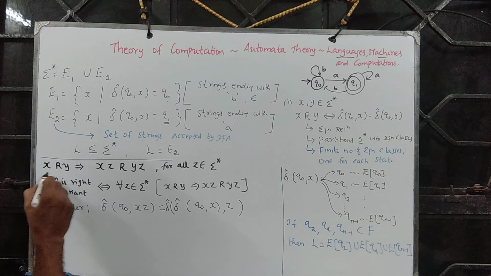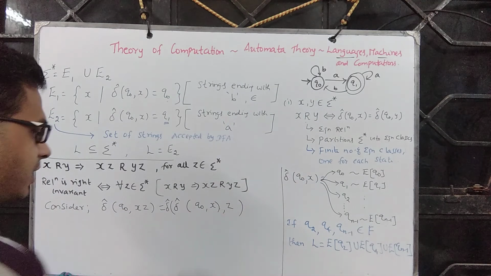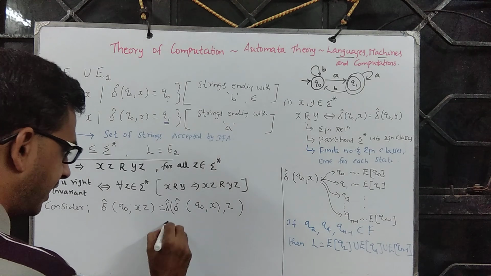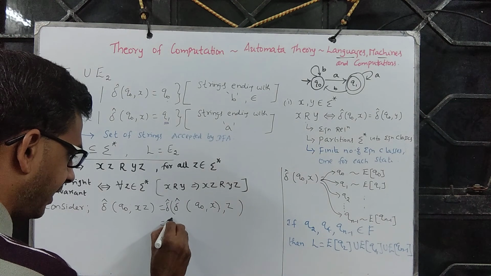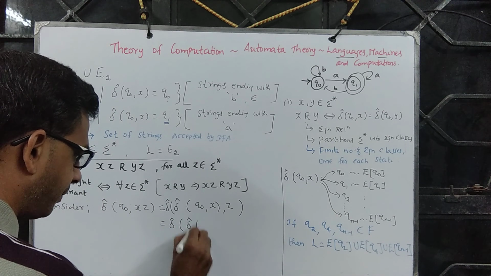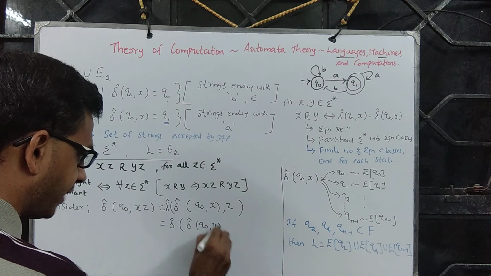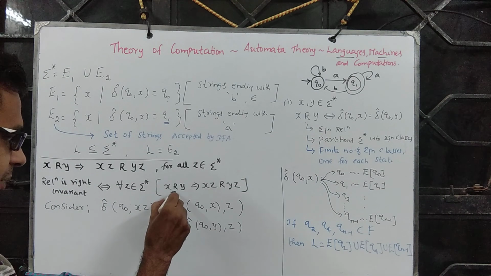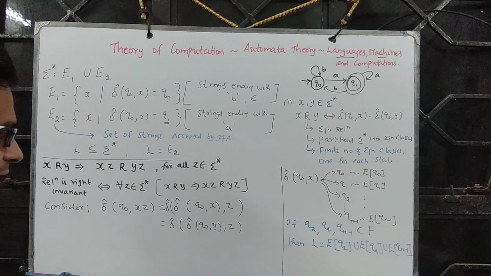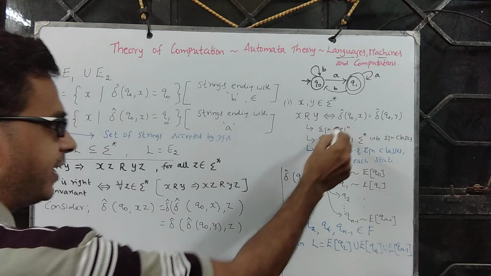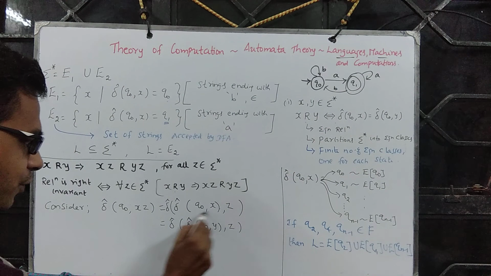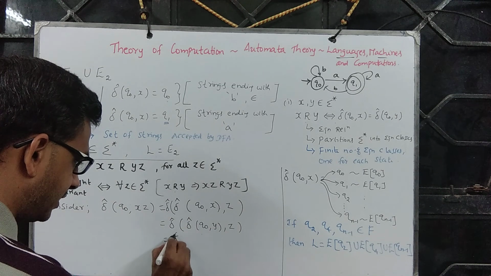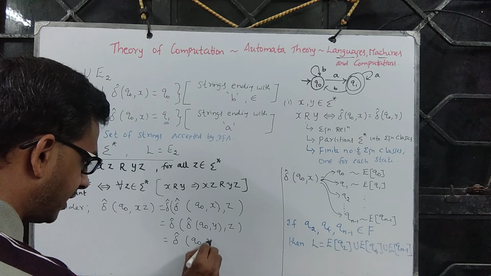Note that by definition, x is related to y, which means this is precisely delta cap of q naught comma y comma z, because the premise says x is related to y. If x is related to y, by definition delta cap of q naught comma x is the same as delta cap of q naught comma y, which means this is delta cap of q naught comma yz.